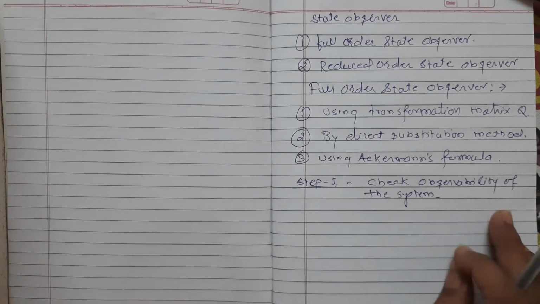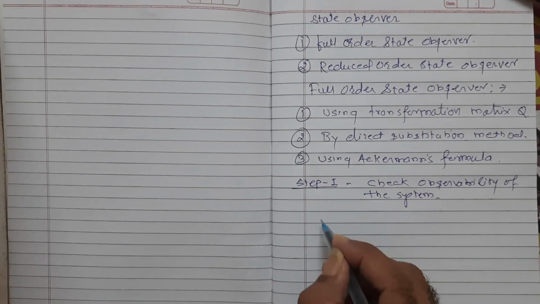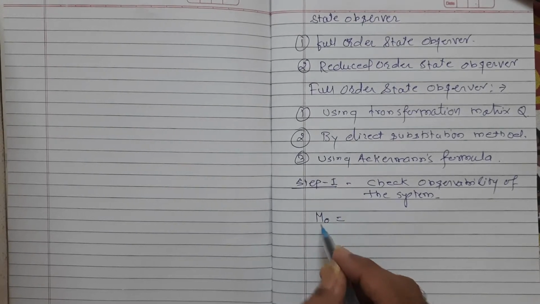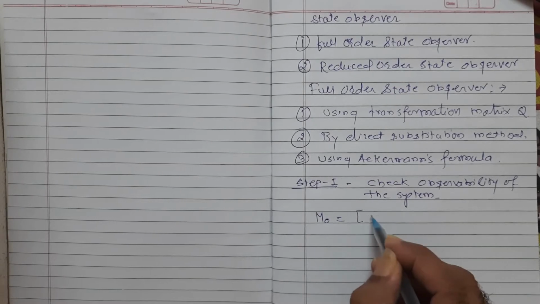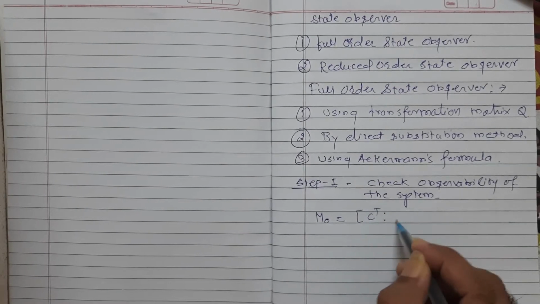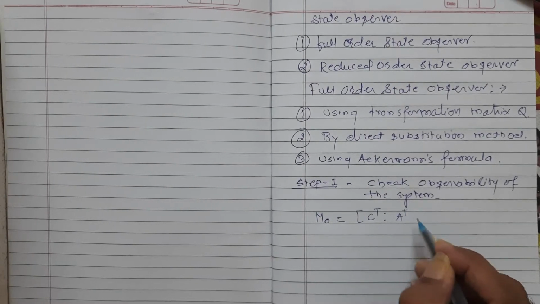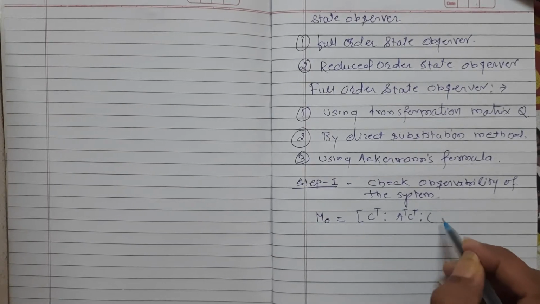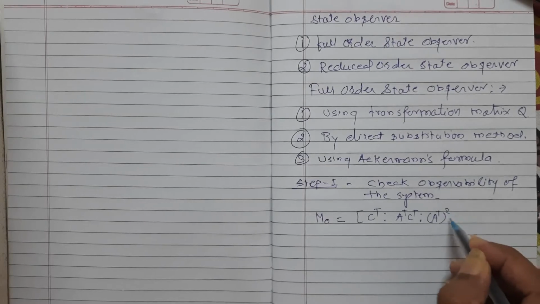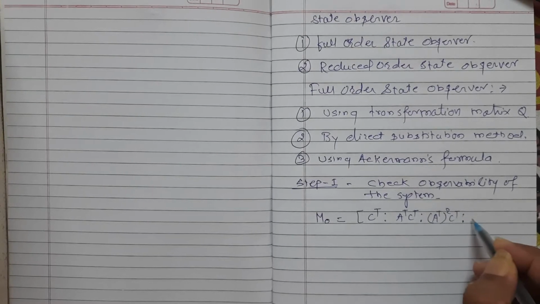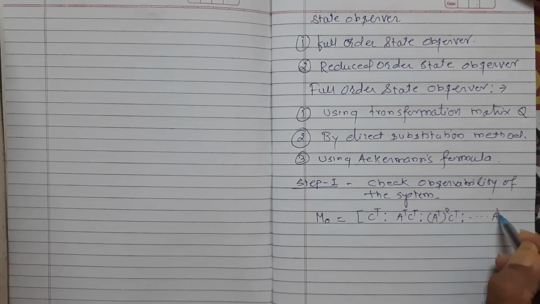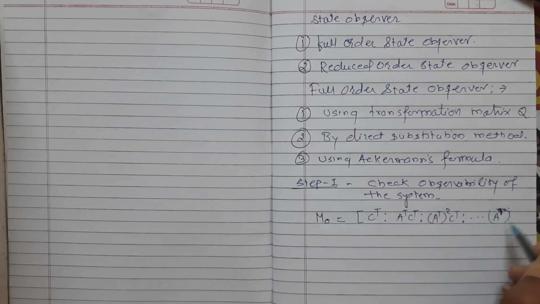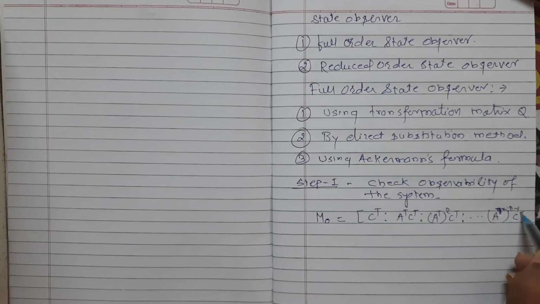The observability matrix is given by M0, which equals [C transpose, A transpose C transpose, A transpose squared C transpose, ..., (A transpose) raised to the power n minus 1 C transpose].